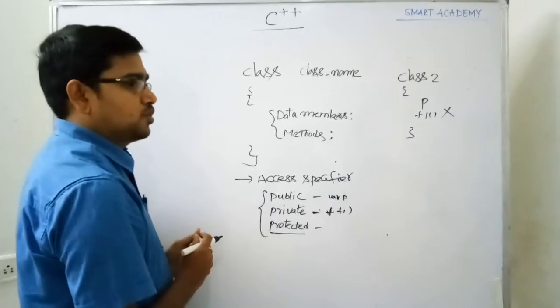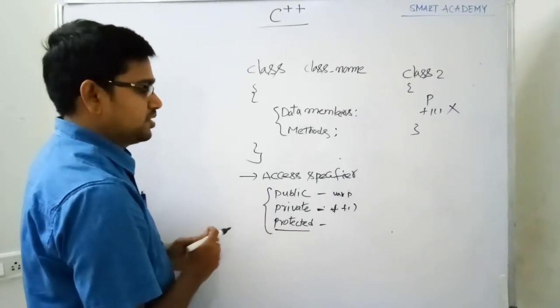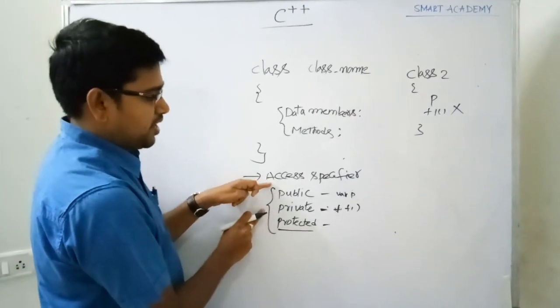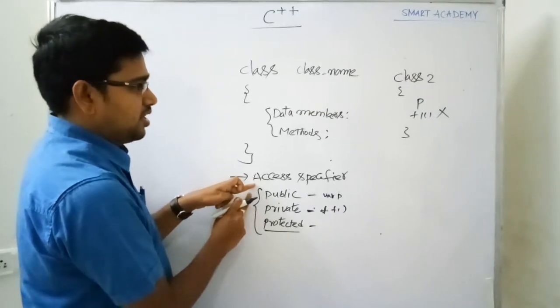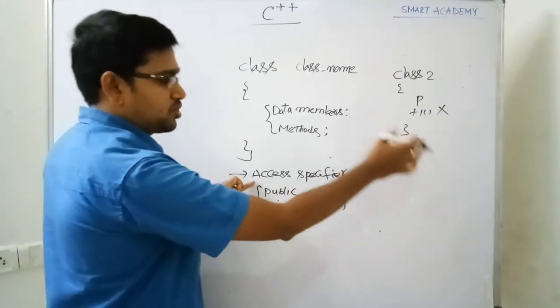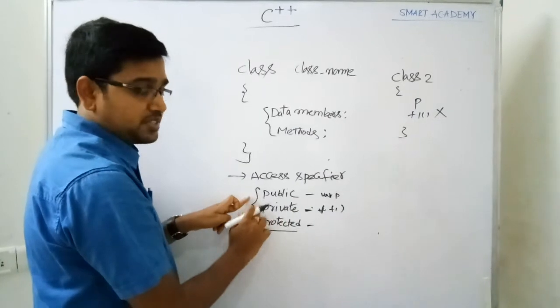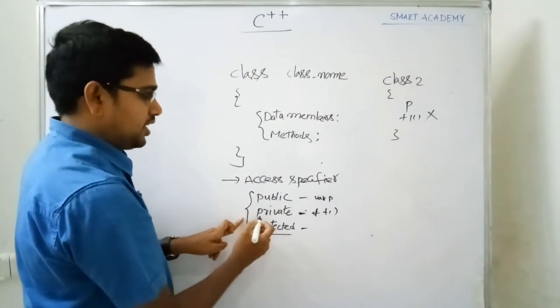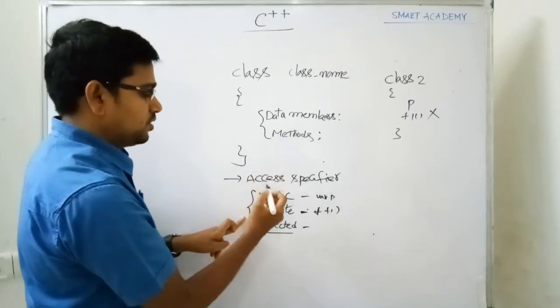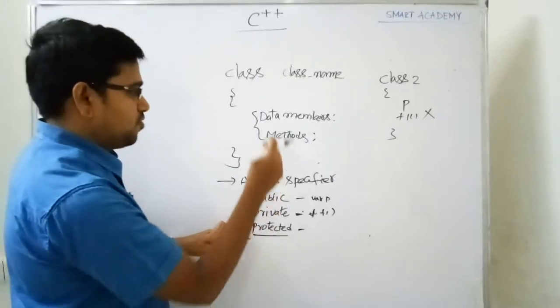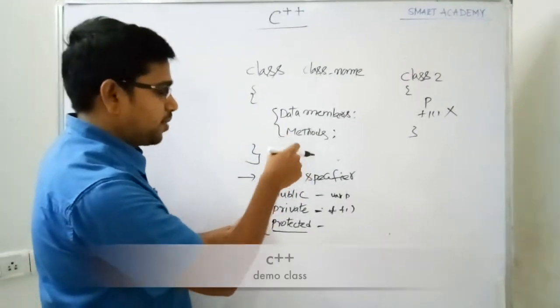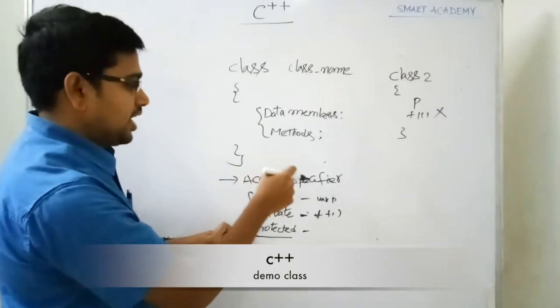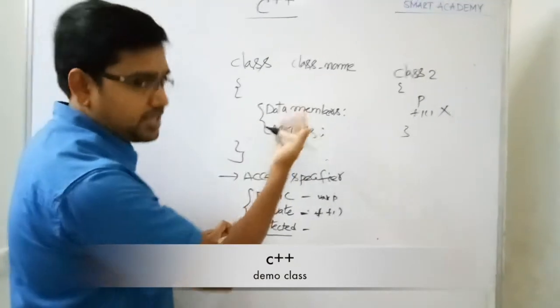Protected. Let's first understand public and private. Public is you can access outside the class. Private means access only within the class. Protected means the methods and data members can be accessed within the class, and in addition to it, a class which is inherited from the base class.